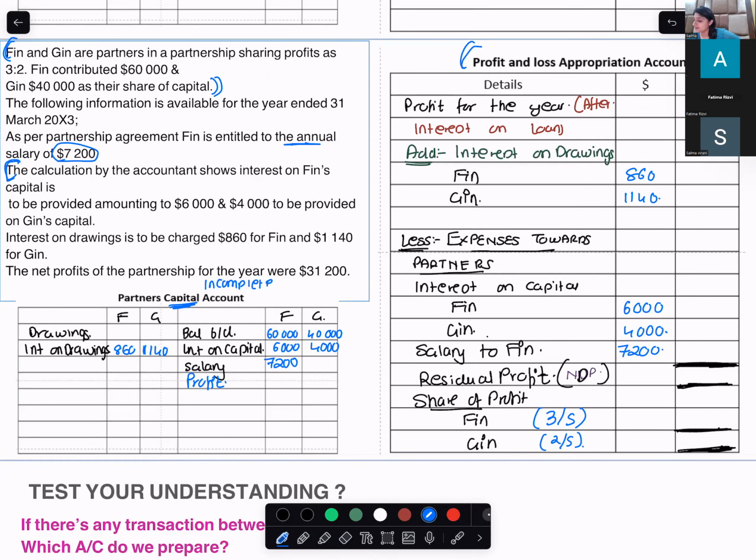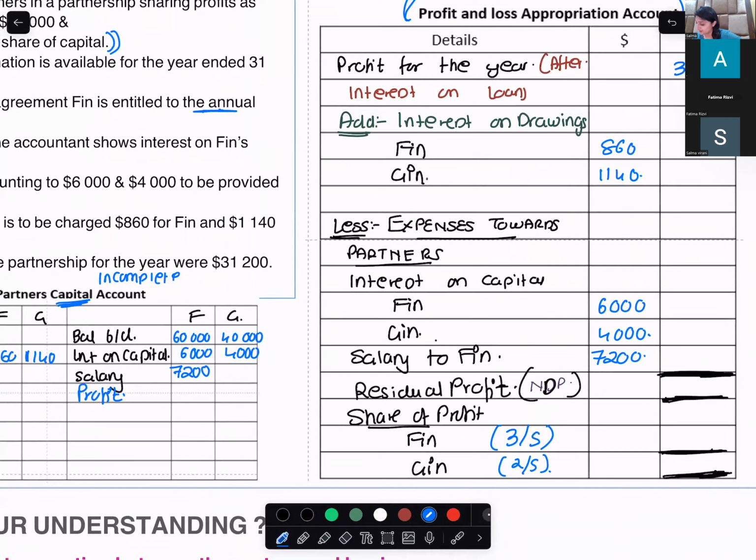Now, since I'm on the appropriation account, now we'll do the totaling of the appropriation account. Come on, tell me. How will I do? First we add the interest on drawings. How much? 2,000. And you'll total it. Then we add profit of the year. So how much are you getting? 33,200.